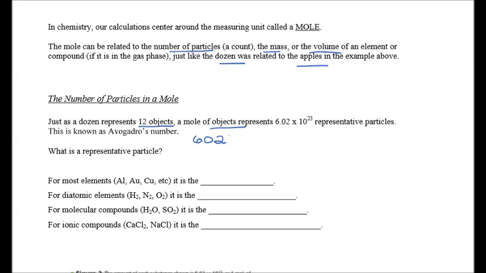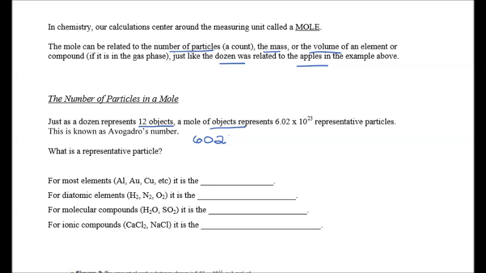If I have a mole of planets, I would have 602 planets. The mole just tells you how many. What you have is what you have to figure out. If I have a mole of bridges, I have 602 bridges. Just like if I had a dozen bridges, I would have 12.